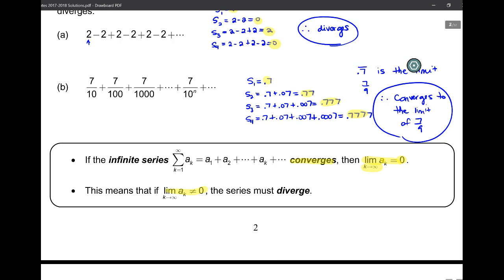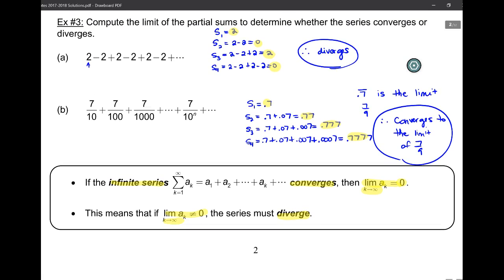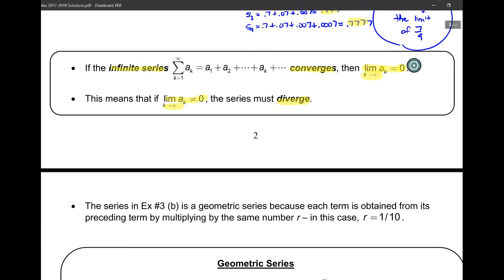If the kth term does not equal 0, then the series must diverge. Okay, so again, if we look at the above part B, we really have 7/10 to the nth. That's going to go to 0, so we can see that that's going to converge.